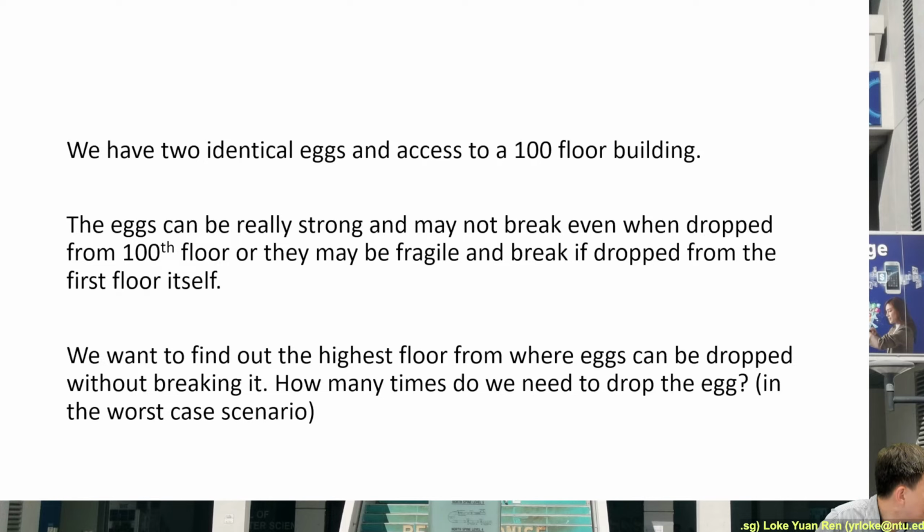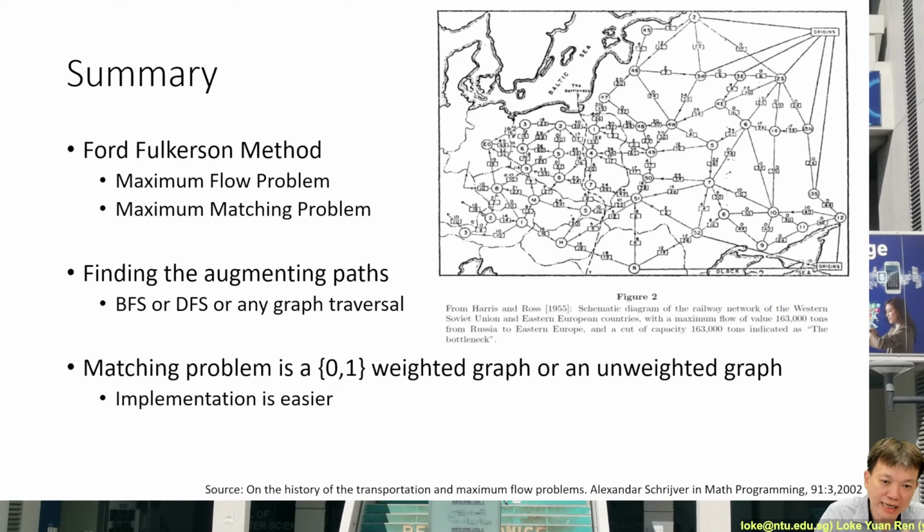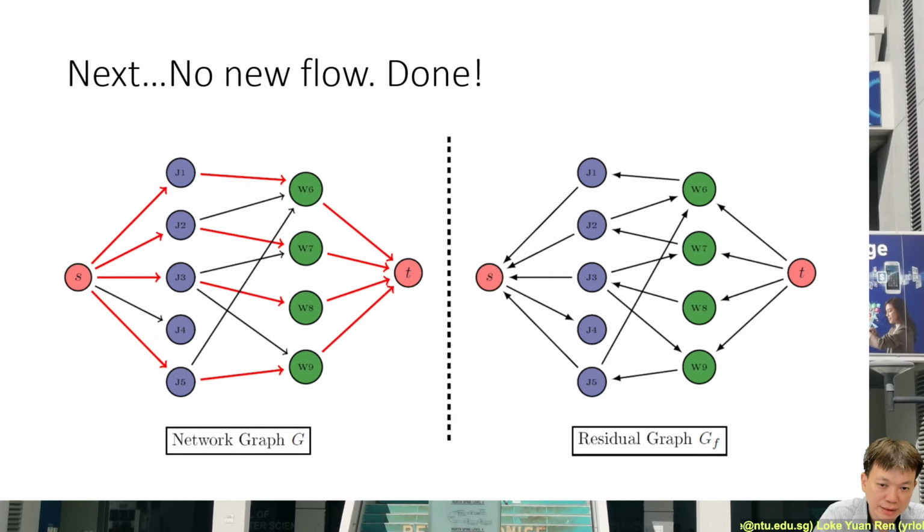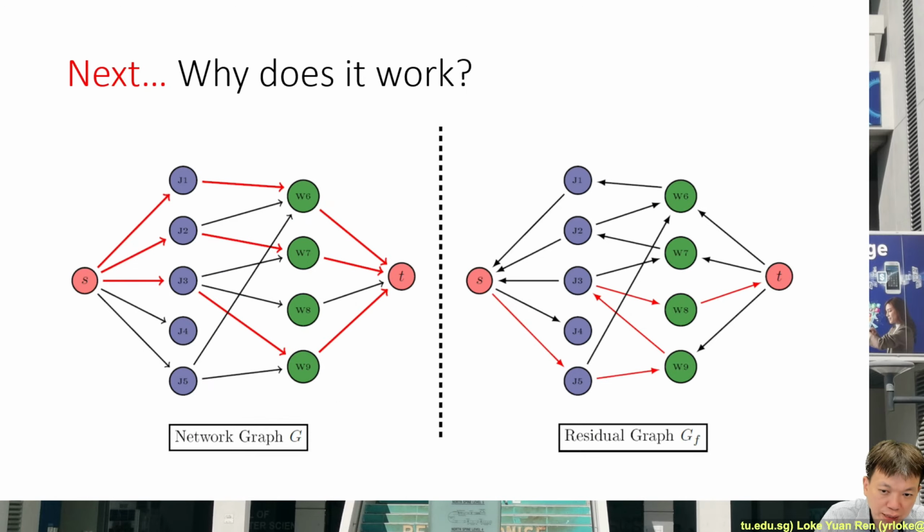So why can't you completely remove the arrow instead of reversing it? I need to reverse because at that moment I may not be correct. If you don't reverse it, or if you remove this one, then you definitely won't be able to find any match for J5 to W9.